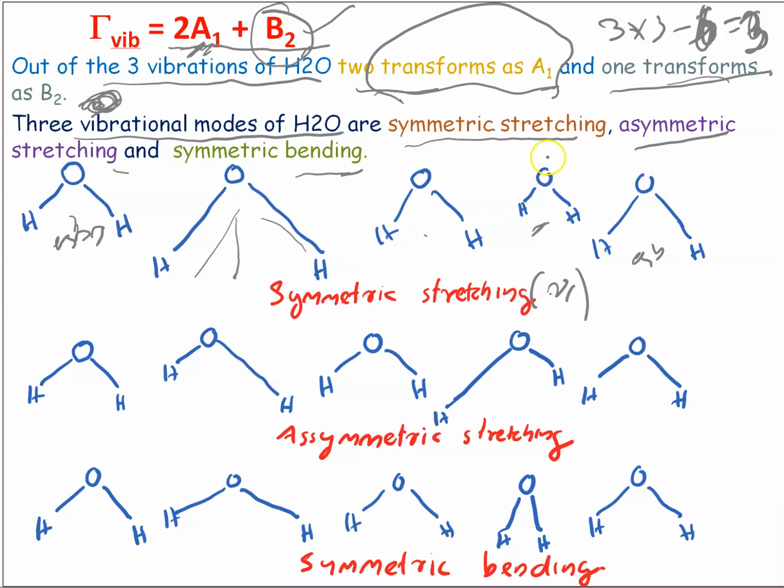In the case of this also C2, no configuration change. Similarly, in the case of sigma v, no change. Here also sigma v, no change. Sigma v dash, there is no change in the orientation in all the operations. So the characters, all the elements, will be 1. Therefore, the characters for, I can show here.